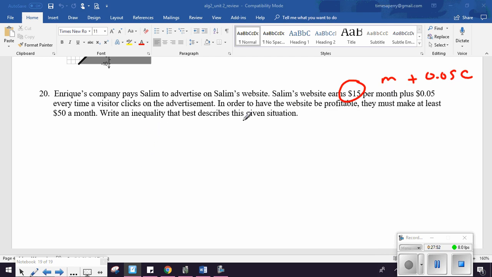In order to have the website be profitable, they must make at least $50 a month. So at least means $50 or more. So we need to be greater than or equal to $50 to be profitable.